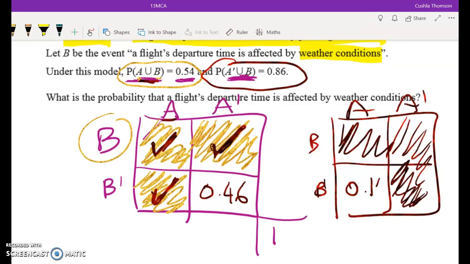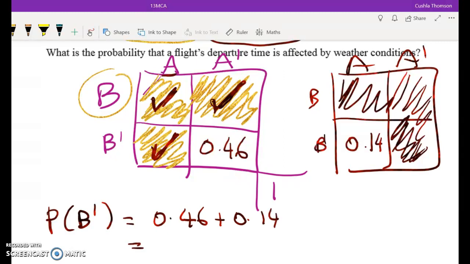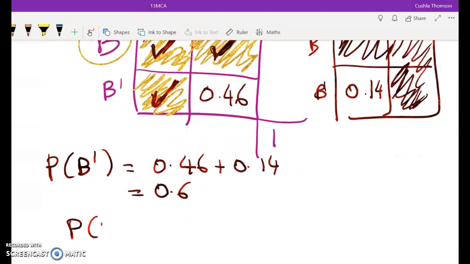And that means this one must be 0.14. So when you look at it like that, you can see pretty easily that the probability of B not happening is going to equal 0.46 plus 0.14, which is 0.6. And that means that the probability of B happening is 1 minus that, which is 0.4.